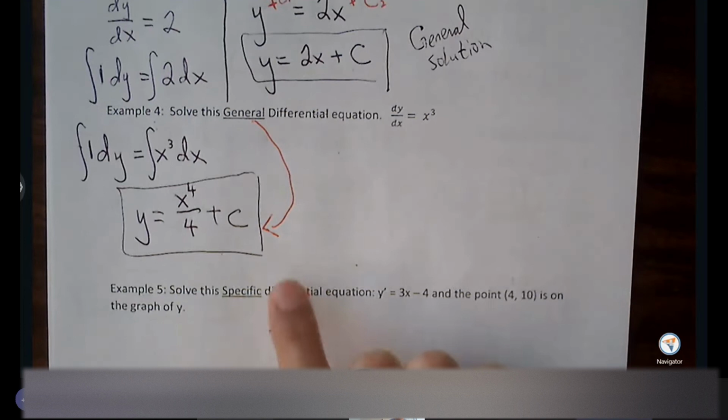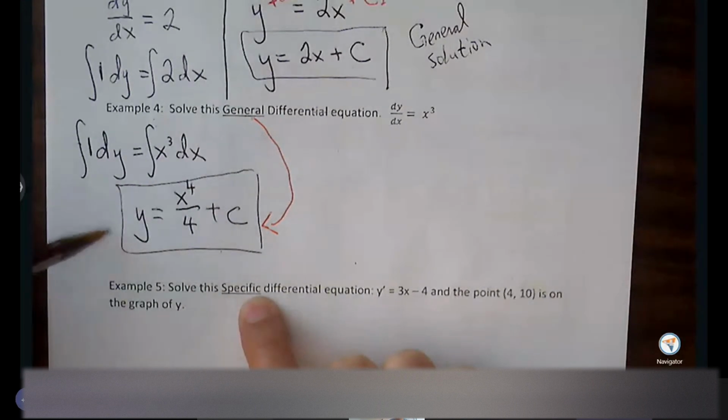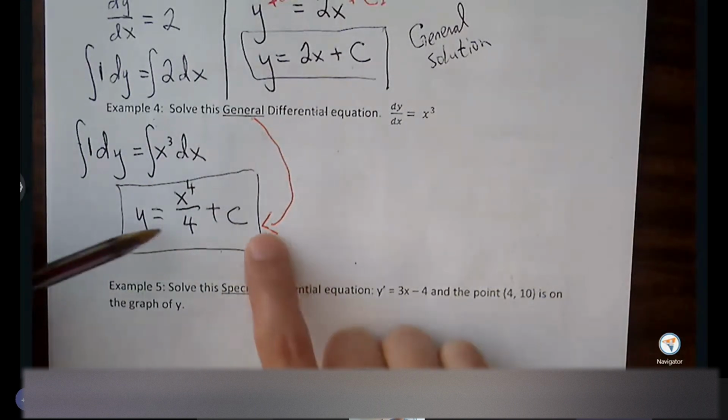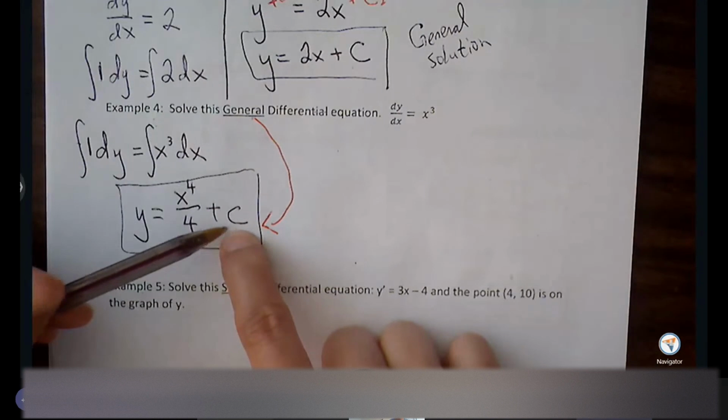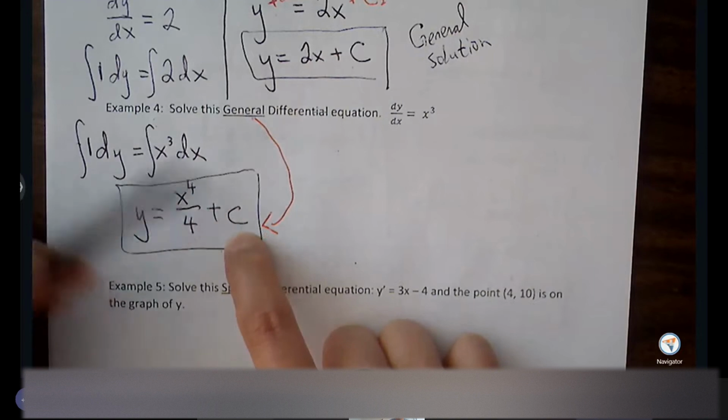All right, example 5. Now we're going to be solving for a specific solution. So specific solution just means that we're going to go one step further past the general solution. That means we're going to be given some ordered pair that can help us solve for c. And once we have a numeric value for c, we'll update the equation.